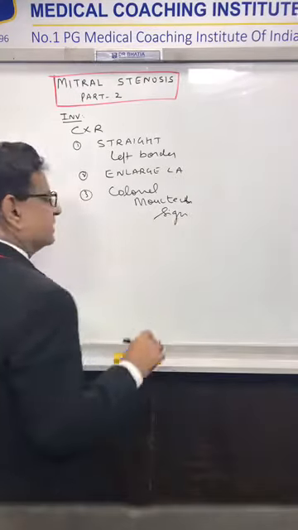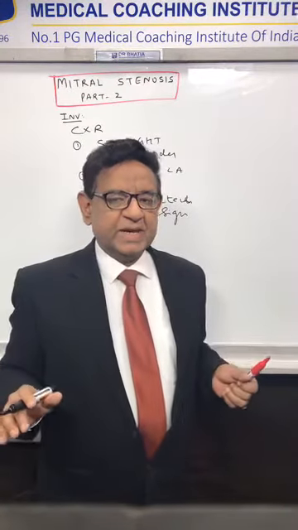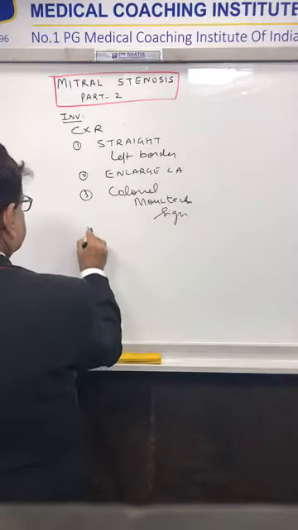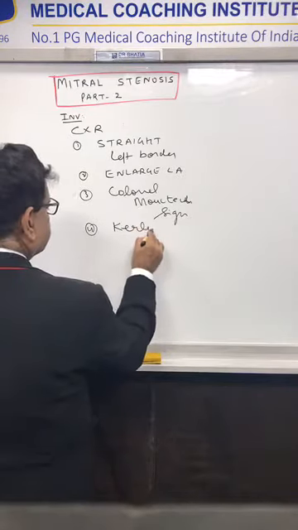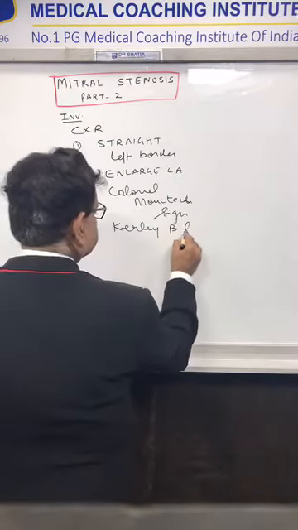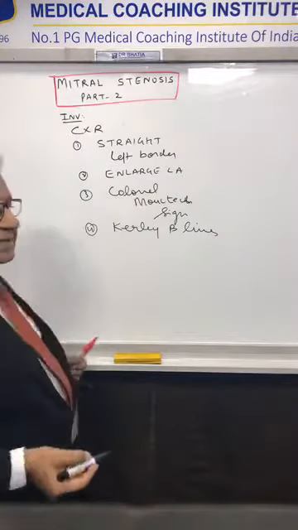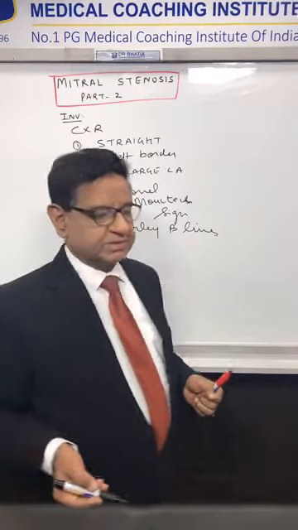That is, in the upper lobe of the chest, the venous markings are very prominent. Fourth, there may be Kerley B lines. Okay, these are the chest X-ray findings in a case of mitral stenosis.